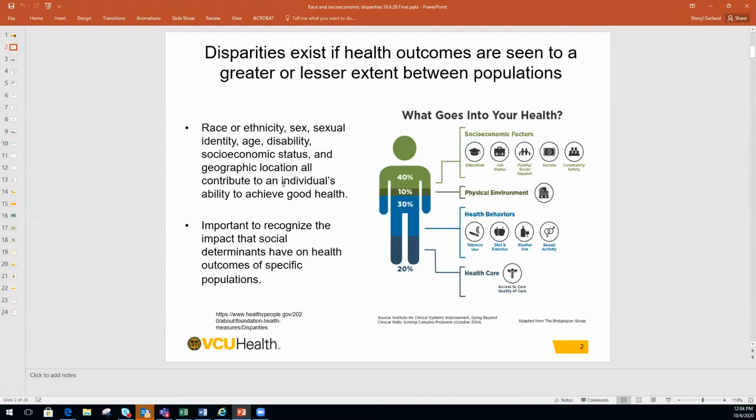All of these at the end of the day can contribute to whether someone is achieving optimal health. And it's also important to recognize the true impact that social determinants have on health outcomes.